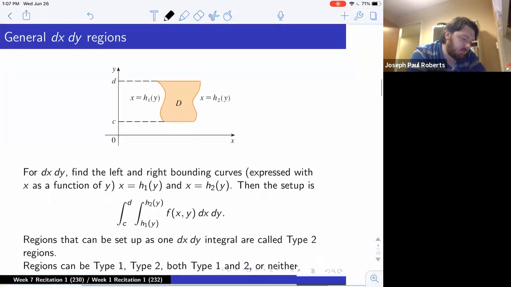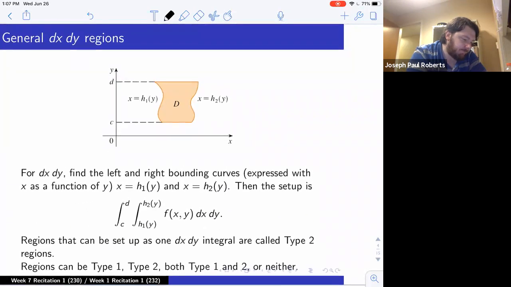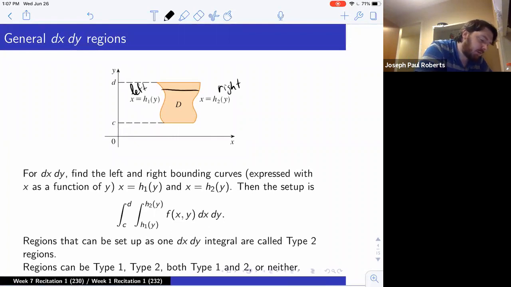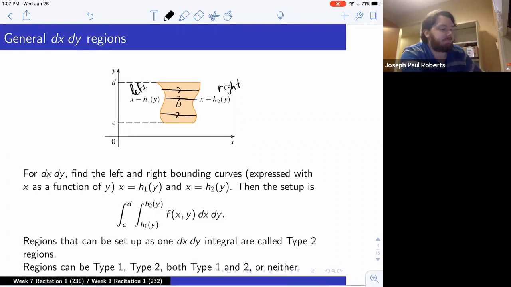For dx dy, it's really the same picture, just kind of rotated. So now the idea is that you have your left and your right curves. And so you think of the region D as starting at the left curve and stopping at the right curve, like that.